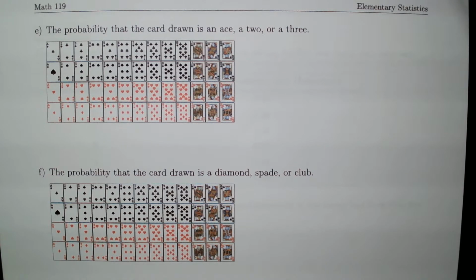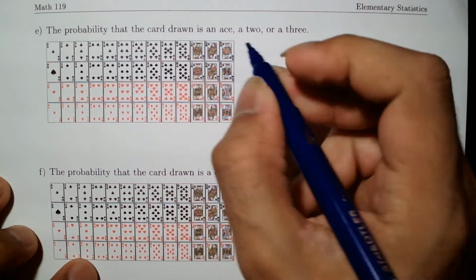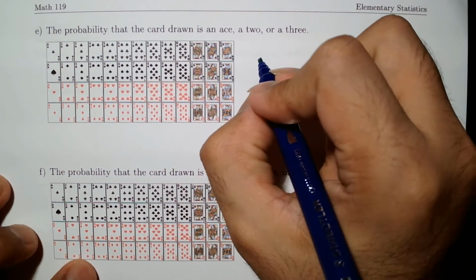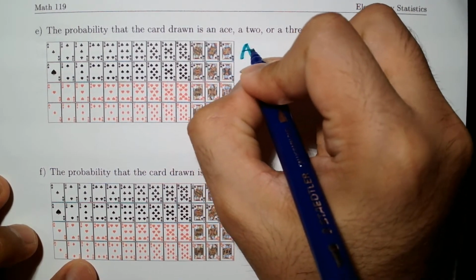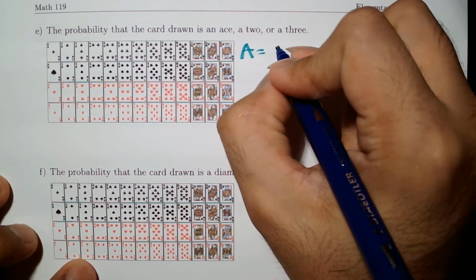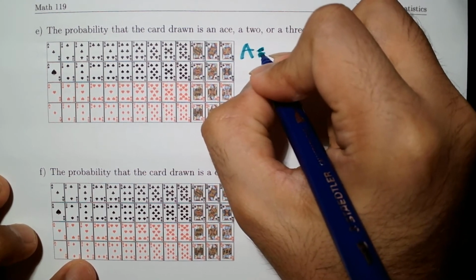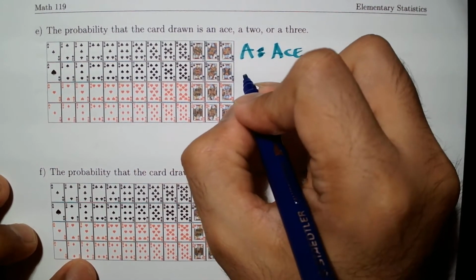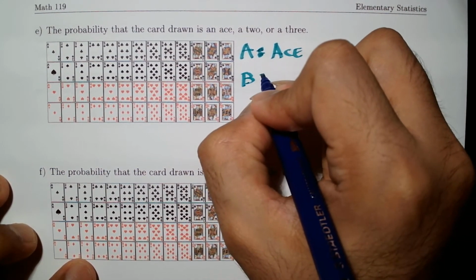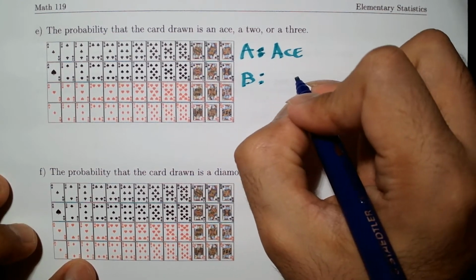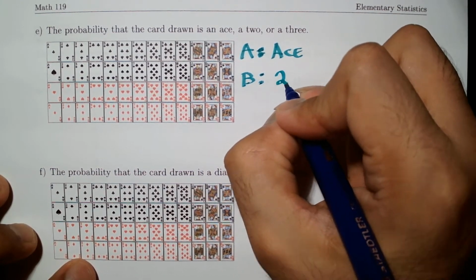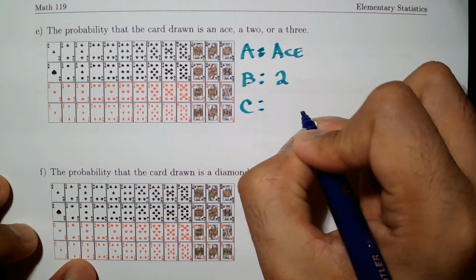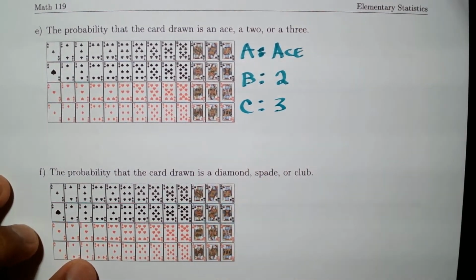I think it's green this time. Okay, so I'm going to have 3 different events. Event A to be an ace. Event B to have a 2. And event C to have a 3.